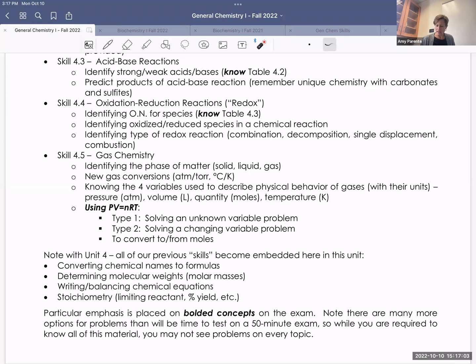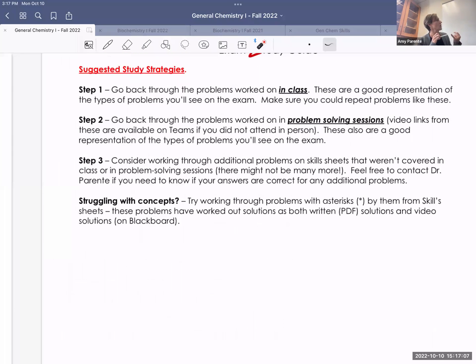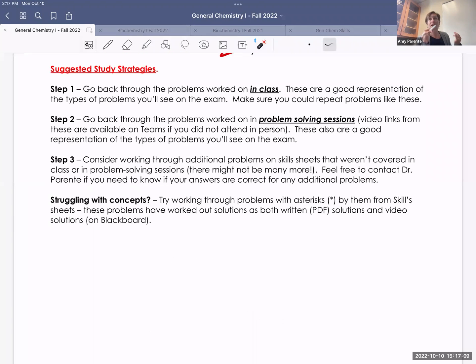So big study strategies, go back and look at problems we did in class, look back at your quizzes. We really haven't had problem solving sessions per se. I'm going to try to find, if I can get my hard drive to connect to my computer, some problem solving sessions from last year and just put those links up. Some people find them helpful to look through.